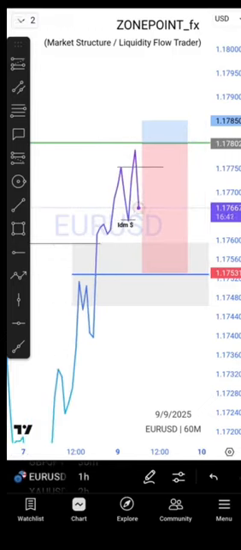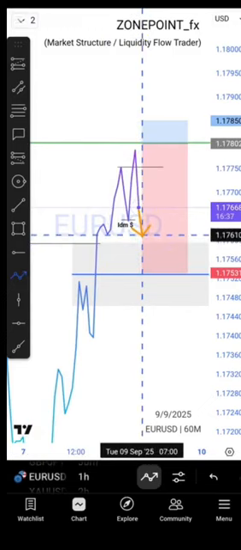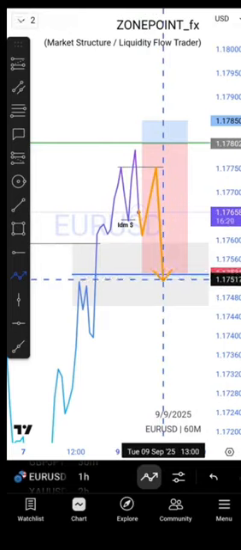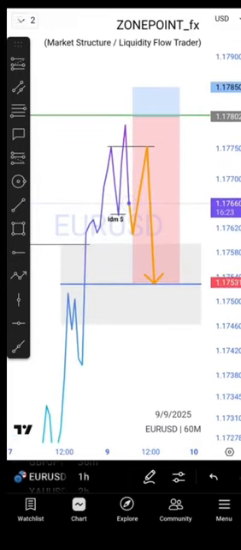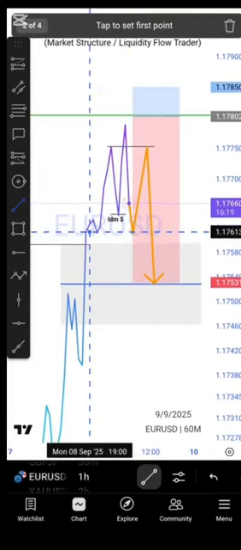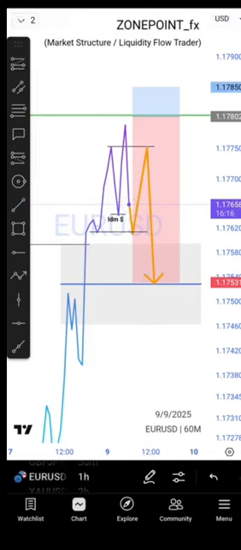So I'll be waiting for price to take out this inducement, tap in here, and tap in here before coming to my imbalance. This is what I'll be waiting for, because this is a key level here.